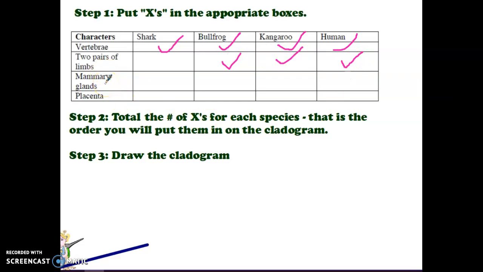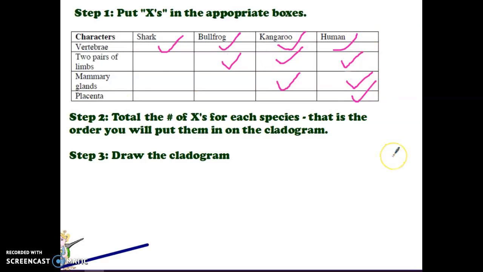That means they feed their young milk, so in other words, they're going to be a mammal. I don't see a shark or a frog feeding their young milk, so that would be the kangaroo and the human. And then the last one here, a placenta, that means the baby forms in a sac, for lack of a better word. Kangaroo is a marsupial, so it does not have a placenta, but of course we do.